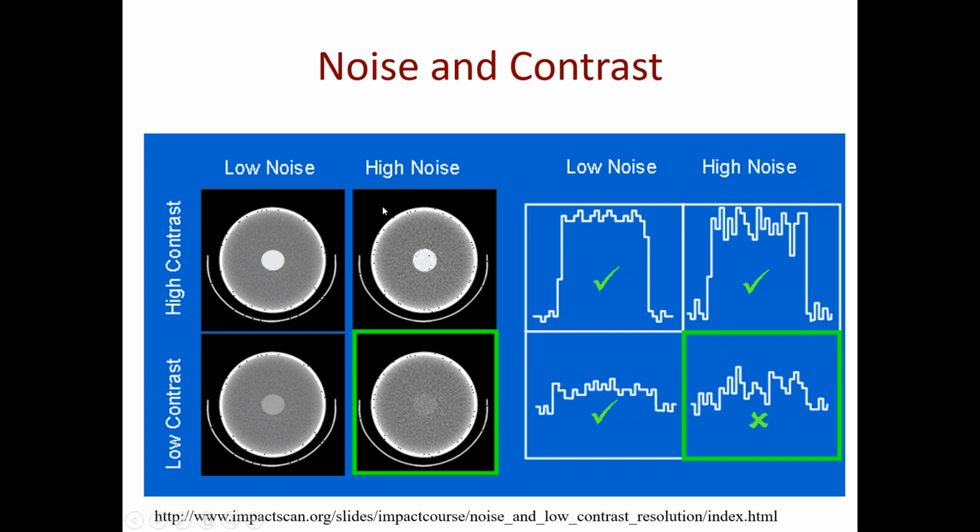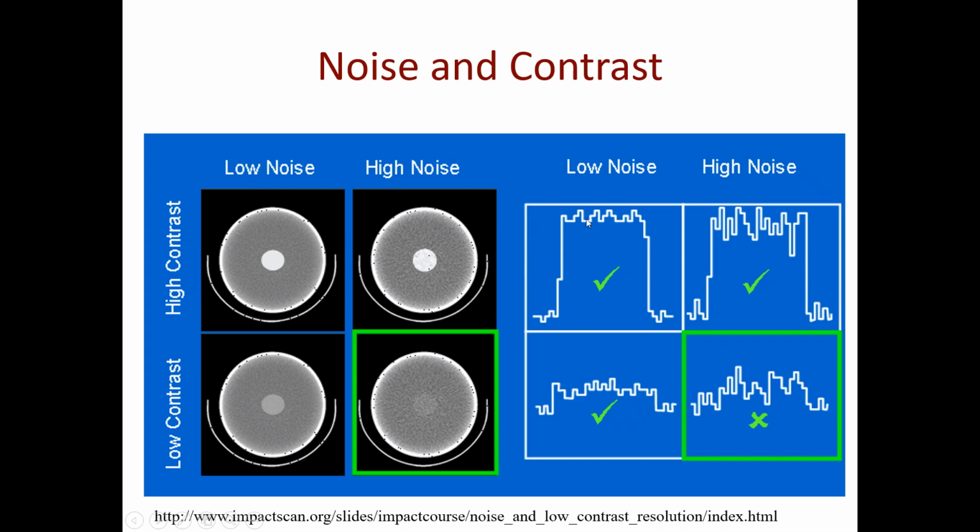And I have some noise associated in both, with an area here and an area here, but I'll be able to deal with that noise, right? I can easily draw a line through this and a line through this and still differentiate these two really well. So this is a high contrast case, and my noise relative to this contrast is low.